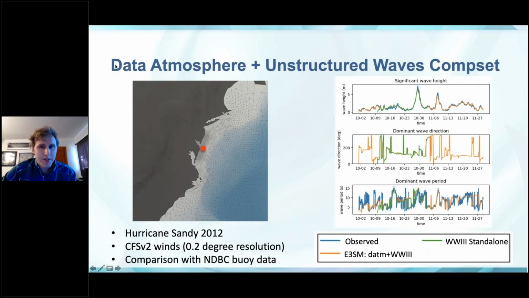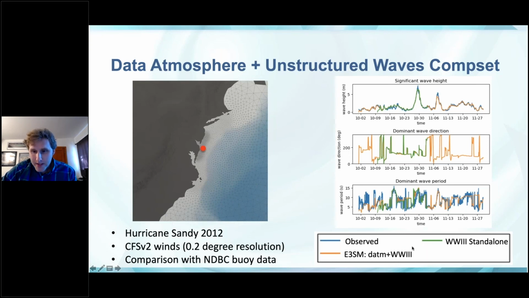And so I'm going to show just kind of the same plots, but for a different reason. This is a comparison between standalone WaveWatch 3 with WaveWatch 3 running inside of E3SM coupled to a data atmosphere. Here we've used the mapping files explained in the previous slide, along with a higher resolution data atmosphere that we've incorporated to be consistent with the reanalysis product that we are using.